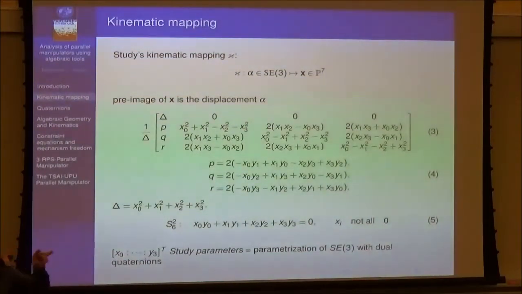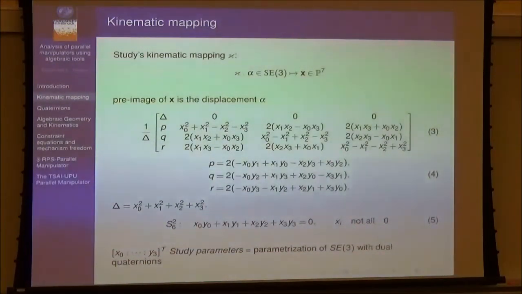So I have grouped these coordinates into two 4-vectors. And when you look at the pre-image, then something very familiar comes out. This is the parametrization of the rotation part of our matrix, and these are nothing else than the well-known Euler parameters. So this is Euler parameter representation or parametrization of the rotation.